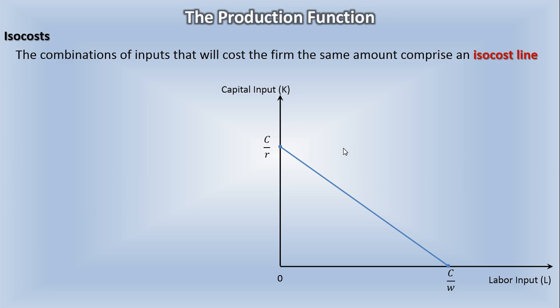And so this is how much the firm wants to spend, and the cost they're willing to pay is represented by this line, as a person's income is represented by their budget line. The varying combinations of capital and labor along this line yield the same amount of cost for the firm. If the firm only used capital, then it would use no labor, and it would be producing at this point on its isocost line.